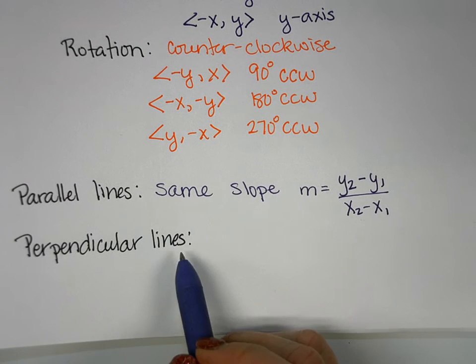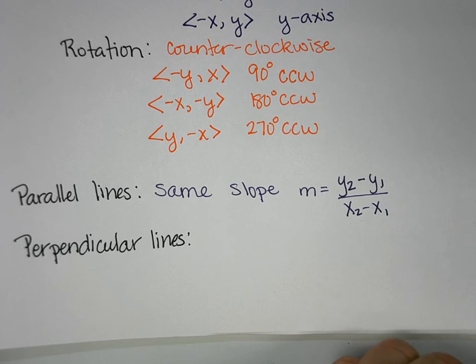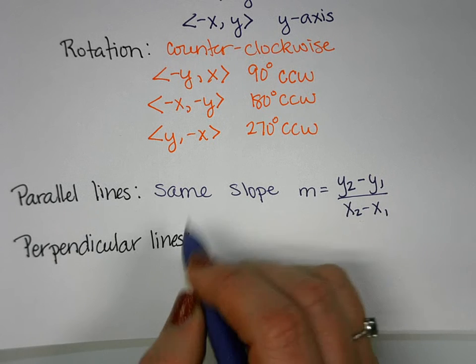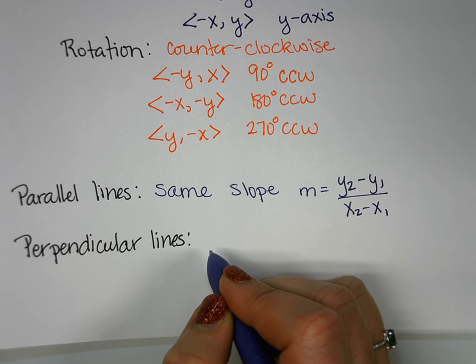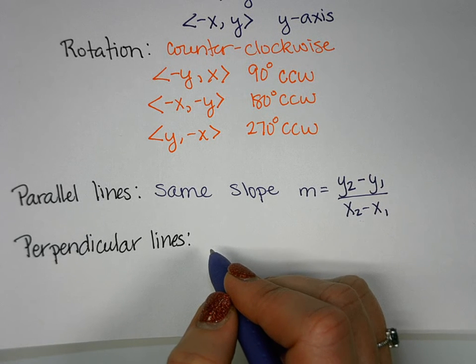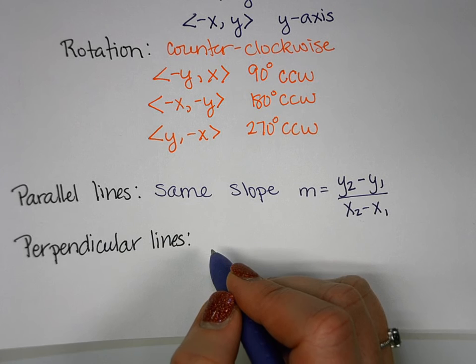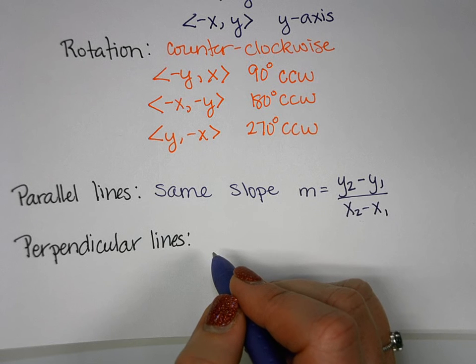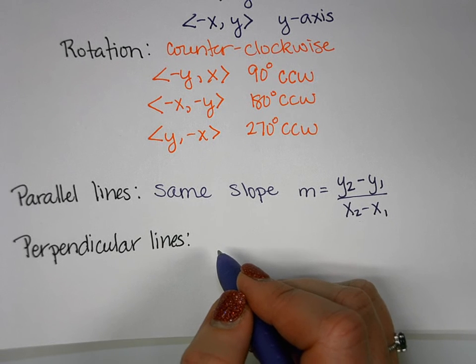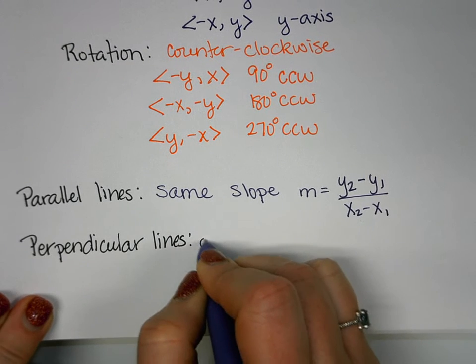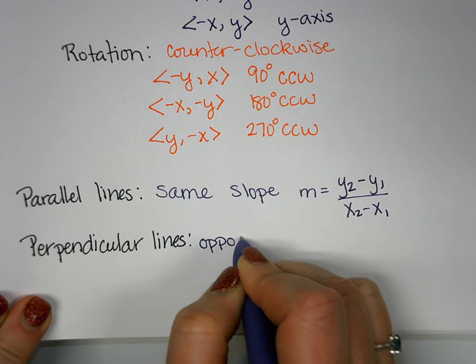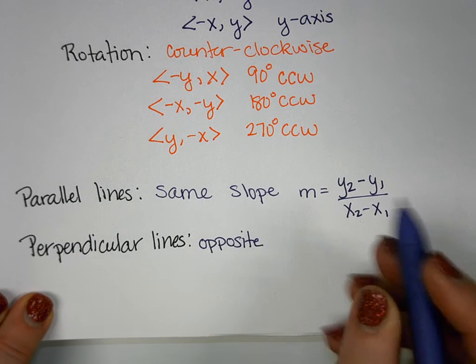And then what was special about perpendicular lines? They're like even, like they cut in the middle. They do, but there's something special about their slopes that tells us they're perpendicular. Opposite reciprocal. So opposite means negative if it was positive, positive if it was negative.